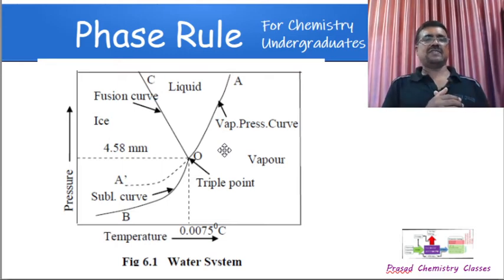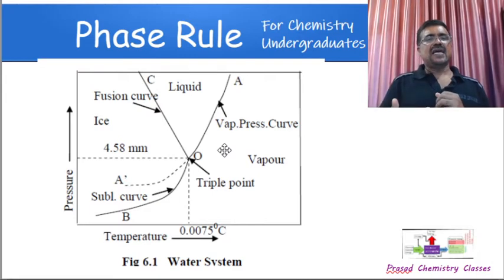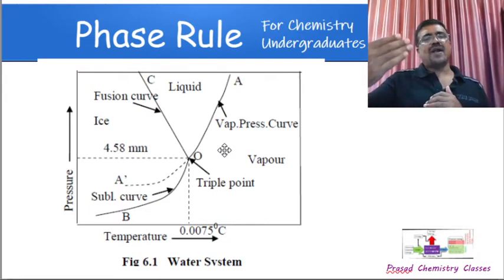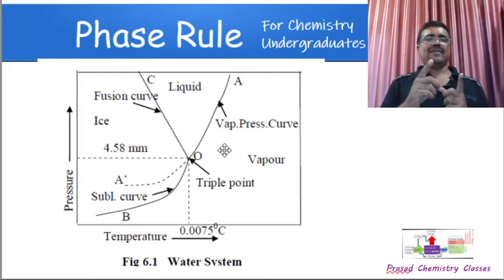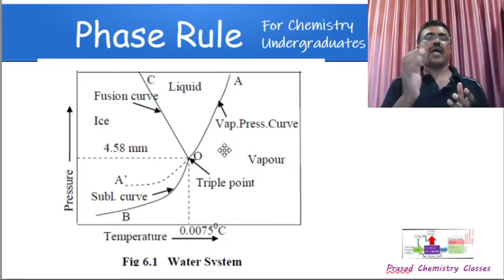The OA curve can be considered as how the vapor pressure of liquid water changes when you change temperature, or as the variation of boiling point of water when we change the confining pressure. That variation is governed by a thermodynamic expression called the Clausius-Clapeyron equation. Later we will see. Now we leave it as such.